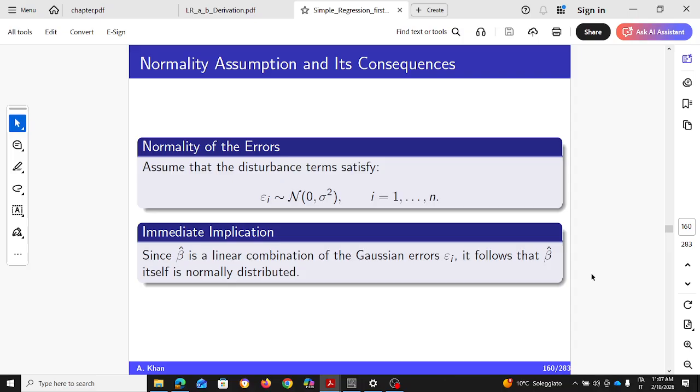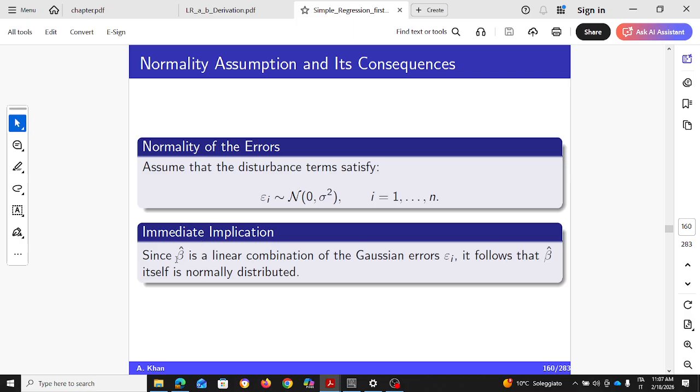Now, why do we take this assumption into consideration, the normality and its consequences? Assume that we have this term and it follows the normal distribution.